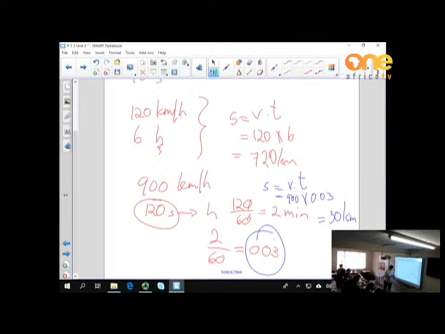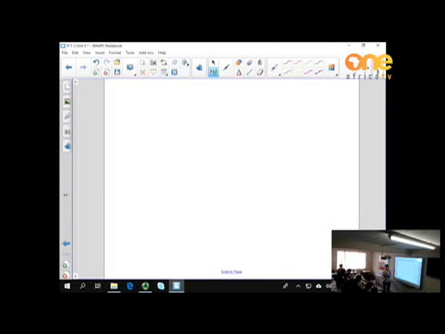All right. Now, the next question. Draw a velocity time graph for a car moving with uniform acceleration from 10 meters per second to 20 meters per second. So 10, 20, 30, 40.